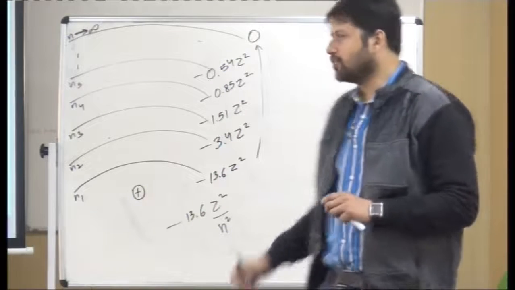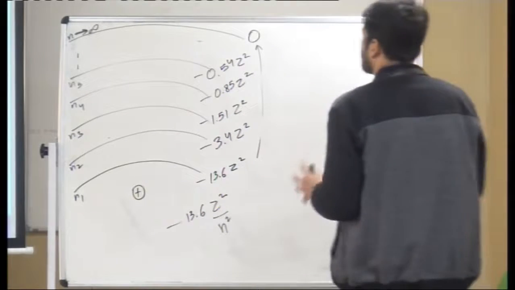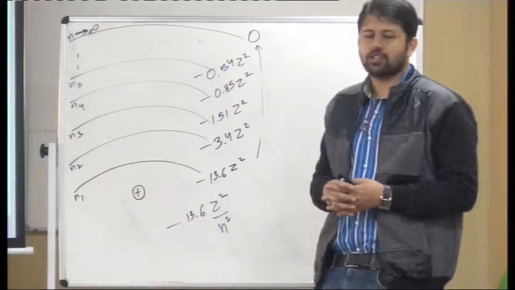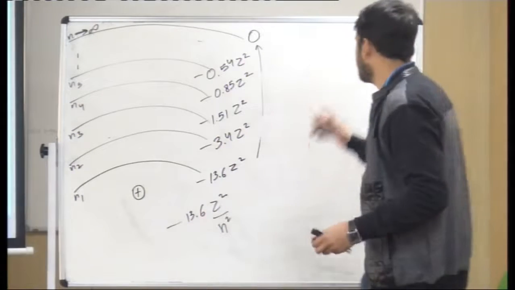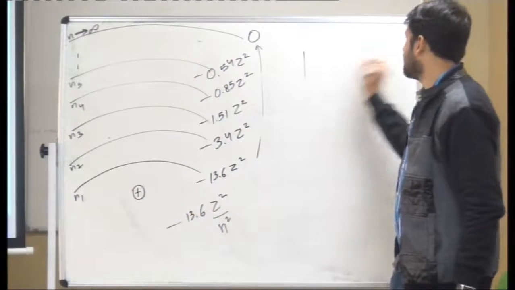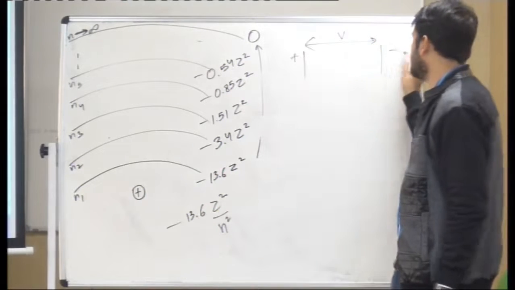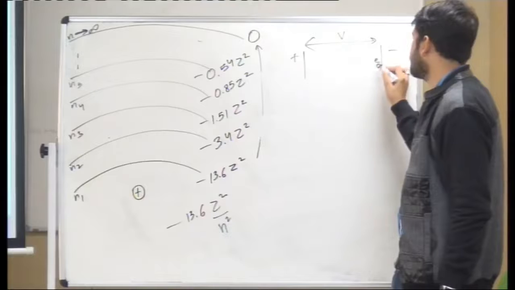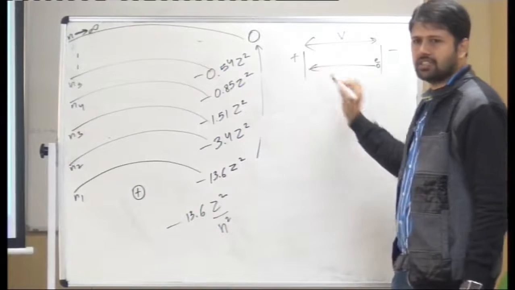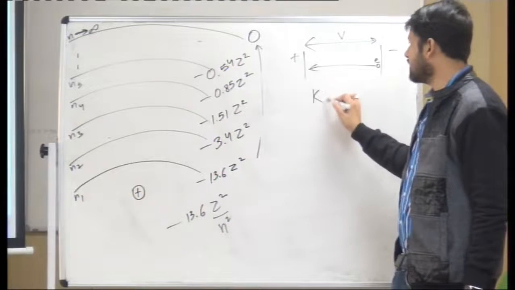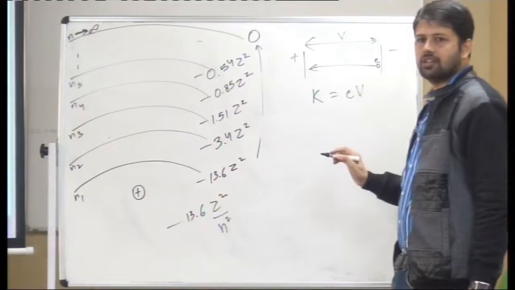And actually we use the term potential just to express it in the form of volts. You remember this, that between two plates, if V is the potential difference, this is positive, this is negative, I release an electron from here. By the time it reaches the positive plate, its kinetic energy becomes eV, right?